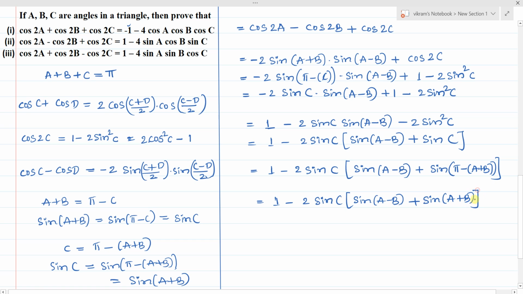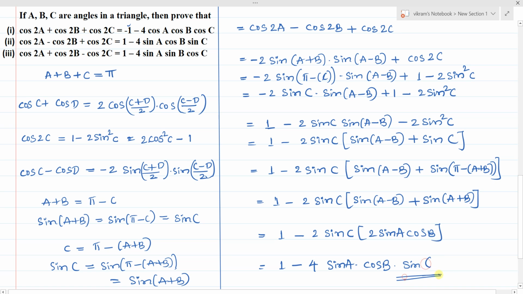And we know that the formula for sine of a plus b plus sine of a minus b is 2 sine a cos b. Then we can retrieve the information from the given LHS as 1 minus 4 sine a into cos b into sine c, which is our required solution.